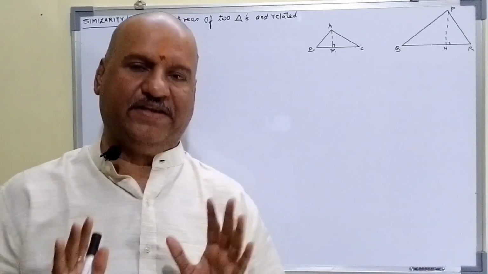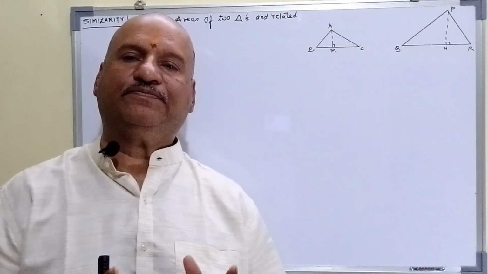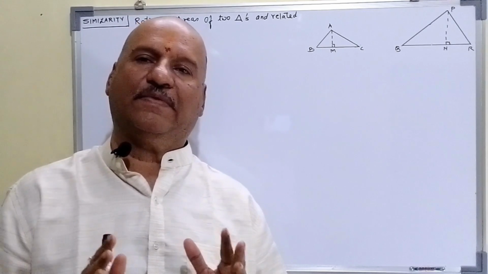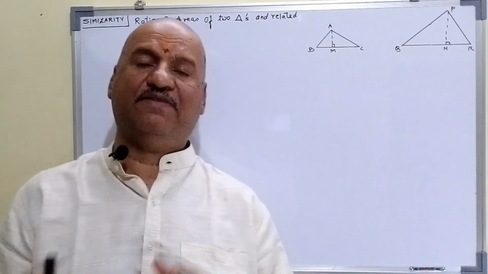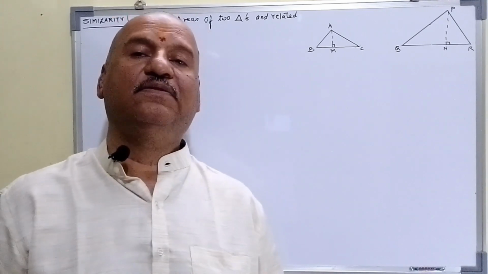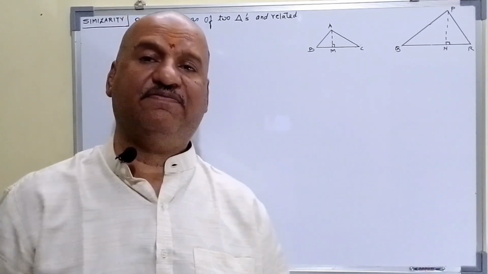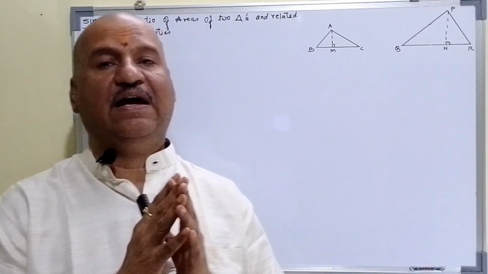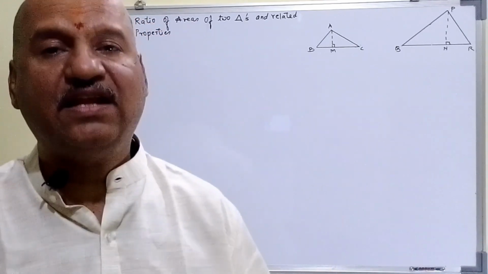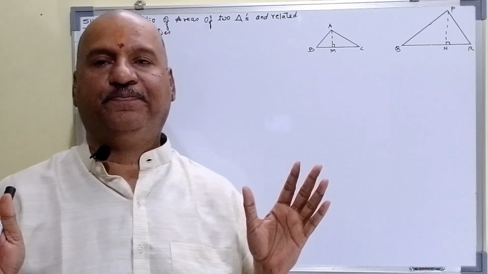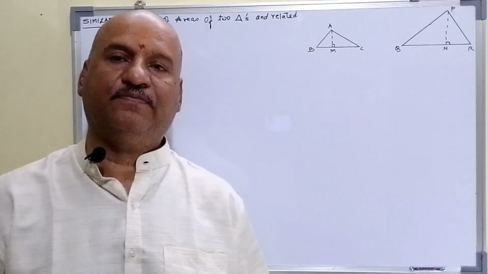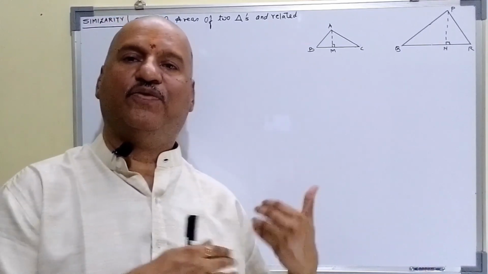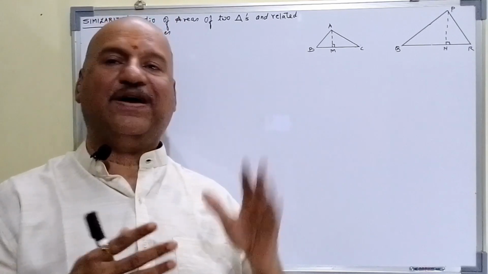We have to wait. First of all, when you open your textbook, the initial part of the lesson on similarity, and even practice set 1.1, doesn't have anything related to similarity. Then you will ask me, sir, what are we doing here? Why are we studying this?